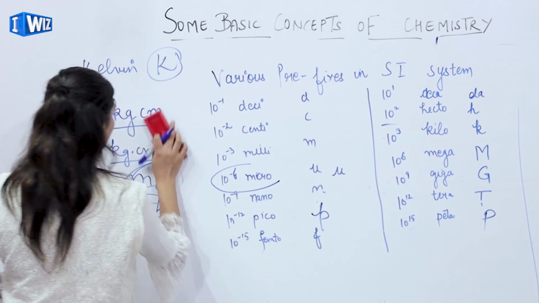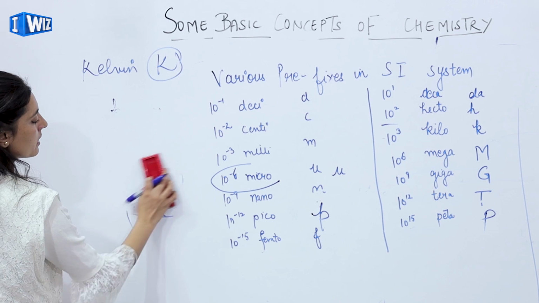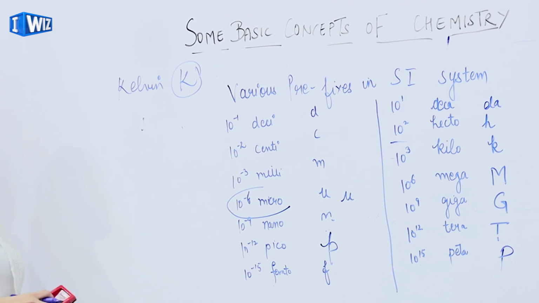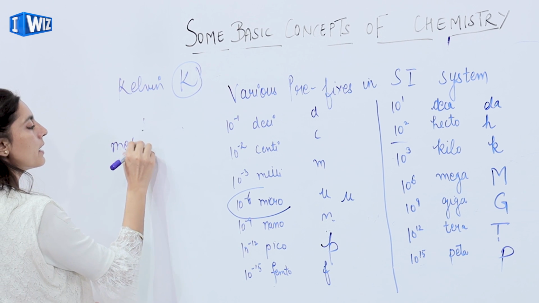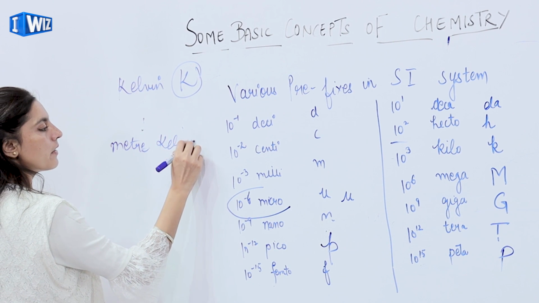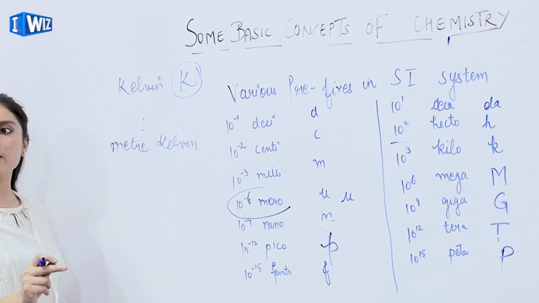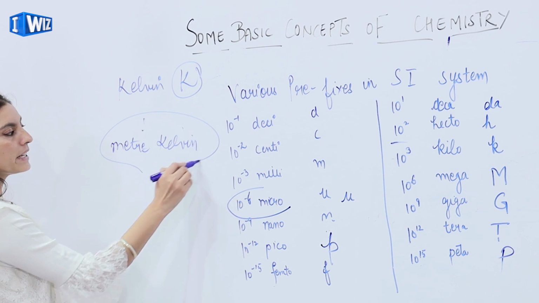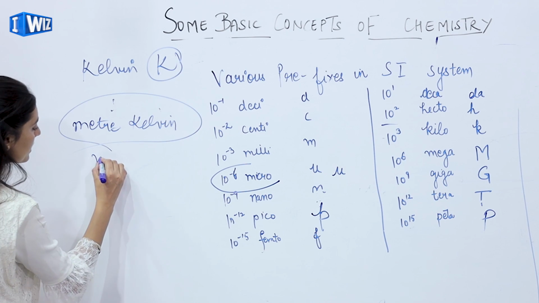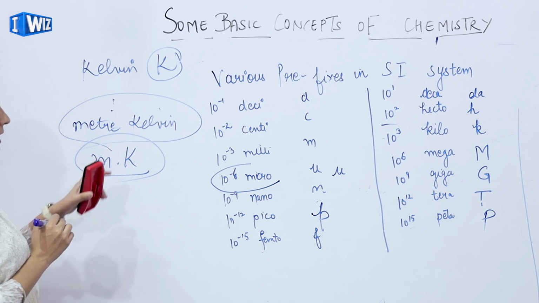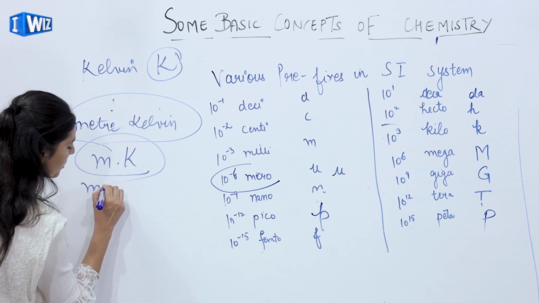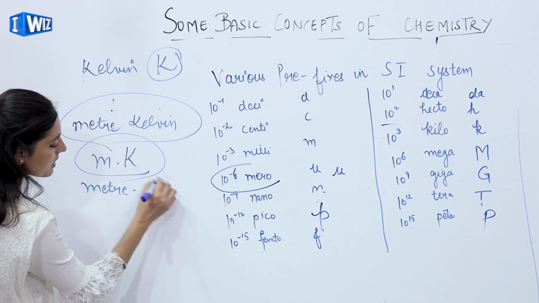Fine. Moving ahead, whenever I am representing any units, for example, meter Kelvin, I should represent them either in a complete written form or in the manner I just told you. It should not be that I am writing one unit as a word, like meter, and the other with its symbol.